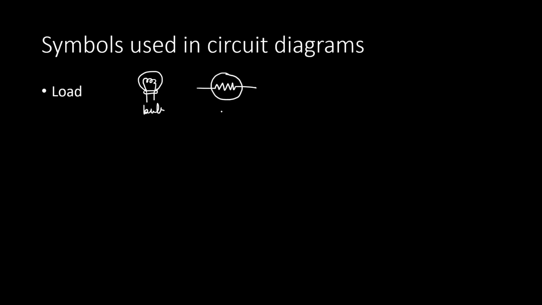So this is a bulb, this is a heater. So they are called as load because they are giving you resistance. The next is connecting wires. So as I told you, copper is a preferred metal to make connecting wires, because copper has a ability that it can be drawn into thin wires, and it also offers less resistance.